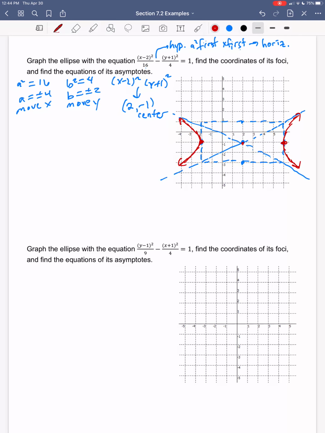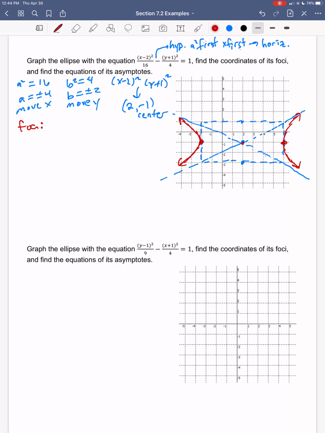Now I'm supposed to find the coordinates of the foci. So for the foci, I need to look at the relationship between a squared and c squared. What I know is for a hyperbola, a is the distance to the vertex, c is the distance to the focus, and c has to be bigger than a.